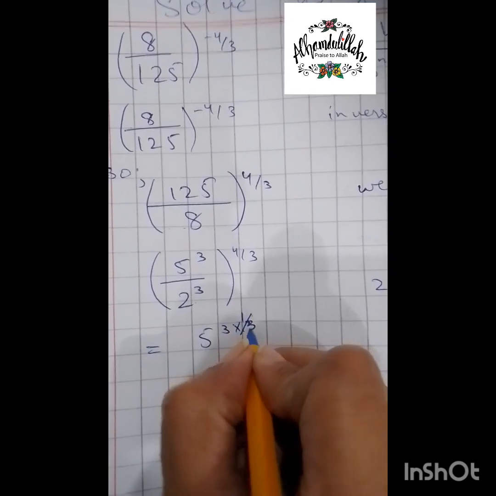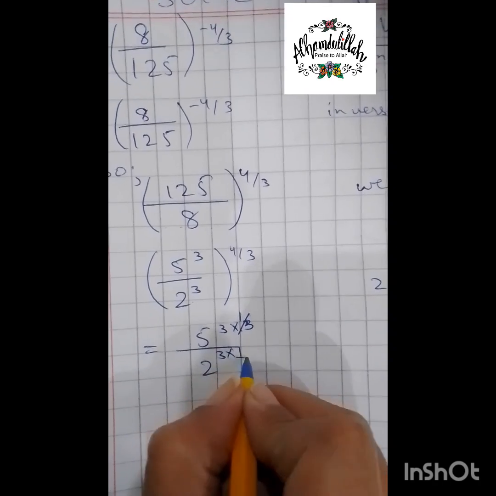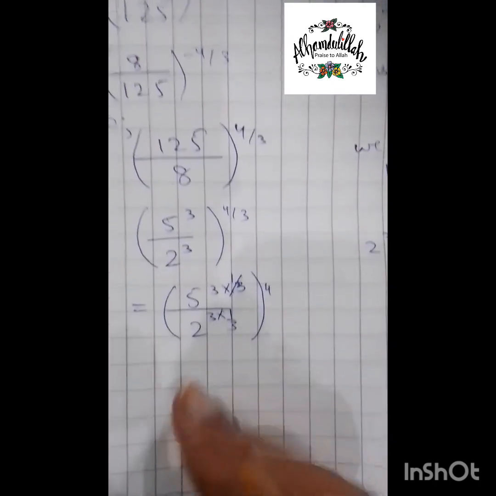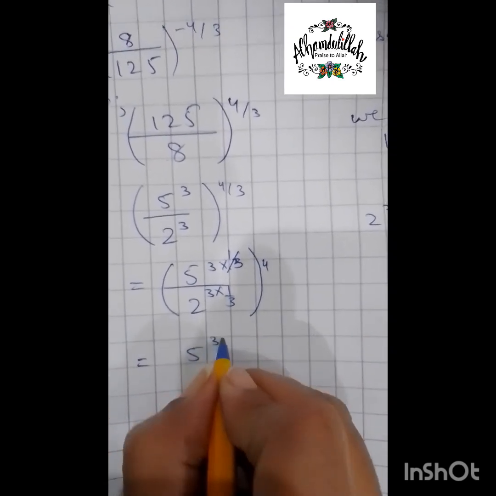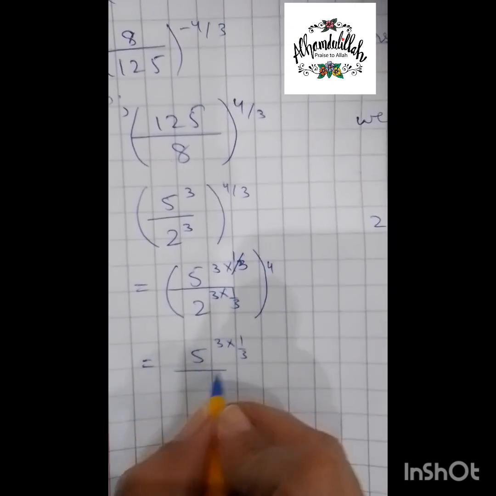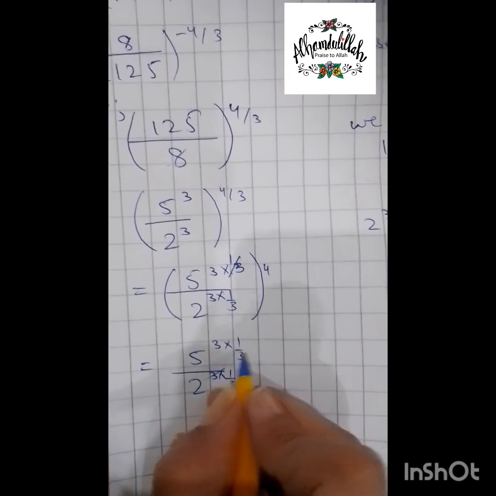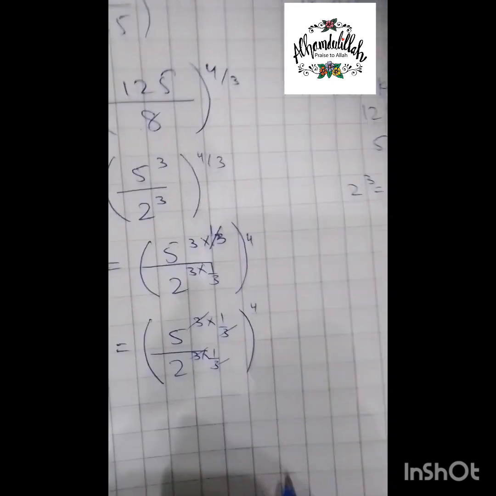Now multiplying the powers inside. Whatever is simplified, just do it, otherwise leave as it is. Now we are left with 3 and the power 4 outside. Okay, there's a 1/3 inside as well. We will cancel it off, and then the power 4 will be left outside.